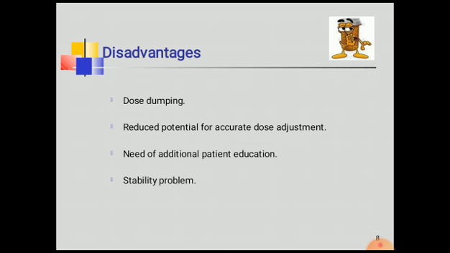What happens is, when we are formulating a CDDS tablet, we formulate it such that for 8 hours the drug should release its action over a particular time interval. For 1 hour this much, second hour this much, third hour this much, like that we predict and formulate. But due to incompatibility of the drug or instability of the drug, the drug will release its action within 1 hour at a particular site itself.